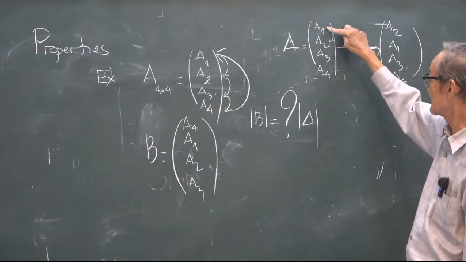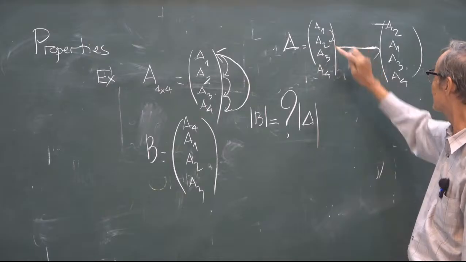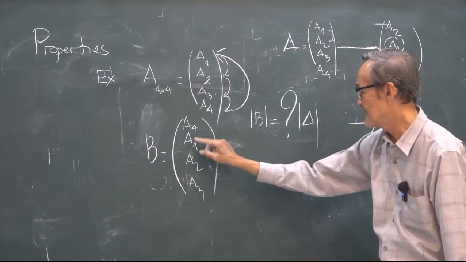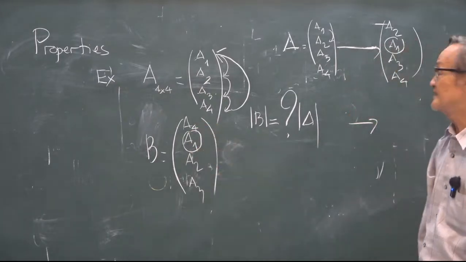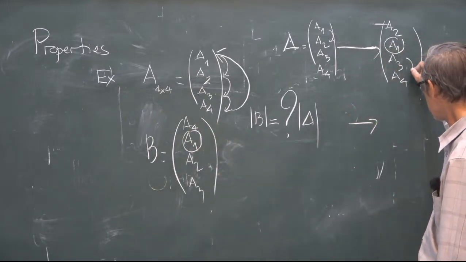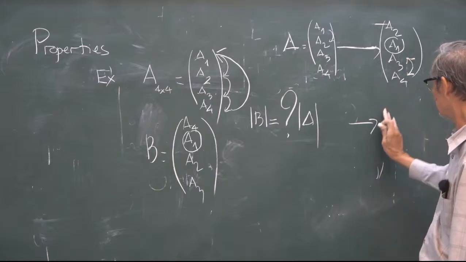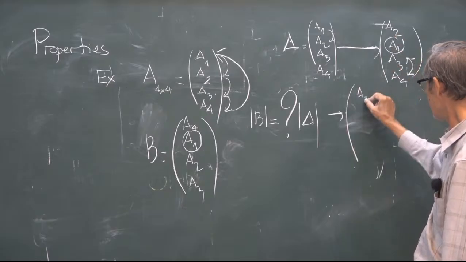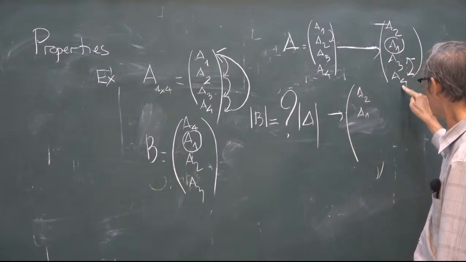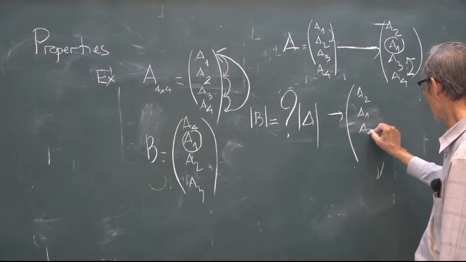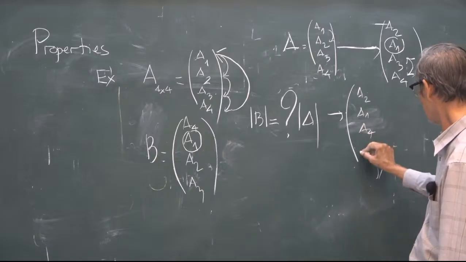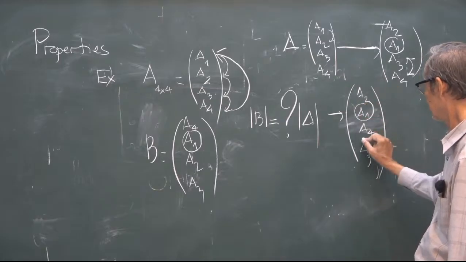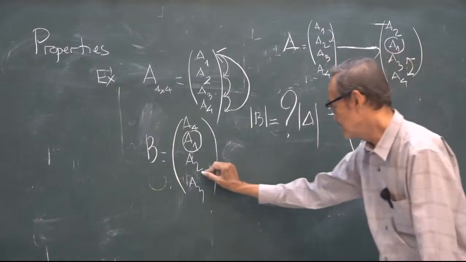Okay, exchange two rows, and we have here. Now we exchange two rows again. We write A2, A1, exchange A4, A3. Okay, the same.